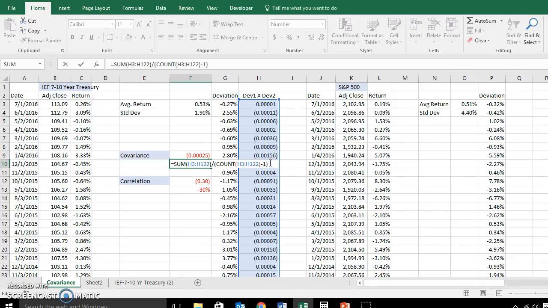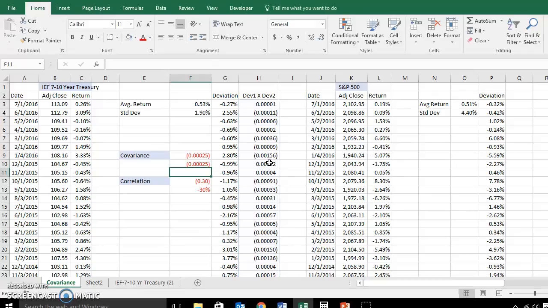I'm just taking these values as a sample, and I'm trying to infer that the population will have the same covariance, or I'm trying to say that the covariance between 7 to 10 year treasury and S&P 500 is the value that I'm going to arrive at. But I'm using only 120 observations or last 10 years, but as you all know, S&P goes way back than last 10 years. All right, so this is using the formula. I'm getting a very small value, 0.00025.